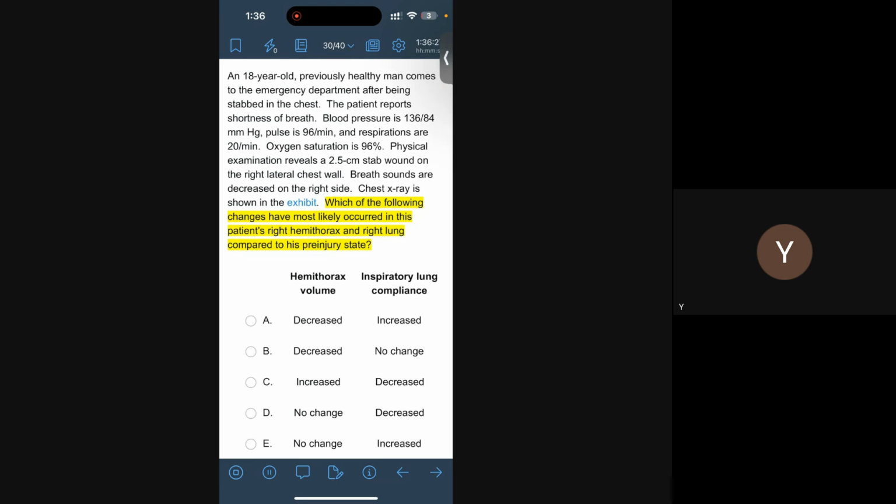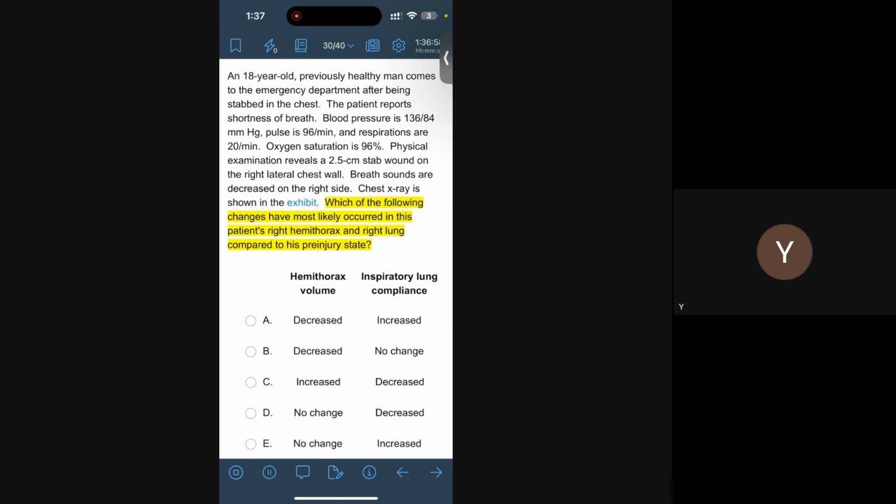So which is most likely to have occurred in the patient's right hemithorax and right lung compared to his pre-injury state? The right hemithorax, what will happen to the right hemithorax? Is it going to be larger in size or is it going to be smaller in size? The right hemithorax, the one which has the pneumothorax in it.